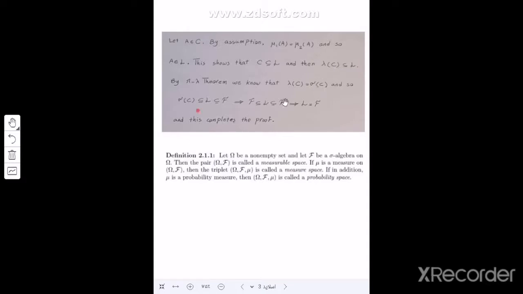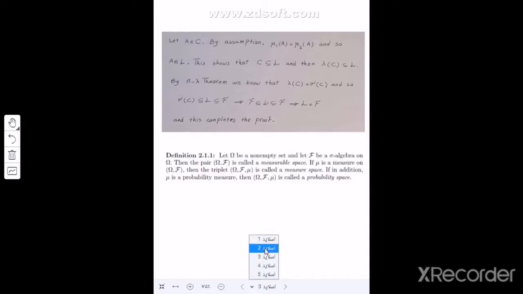So we obtain sigma of C is a subset of L. We know that L is a subset of F. By assumption of this theorem, sigma of C is equal to F. Okay. F is a subset of L, which is a subset of F. This implies that L is equal to F, and this completes the proof. Why does it complete the proof?